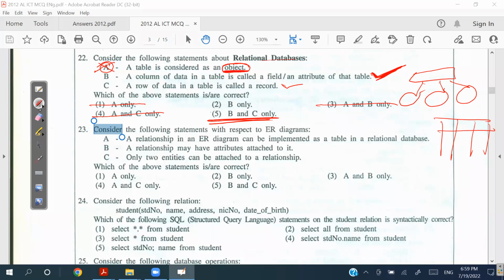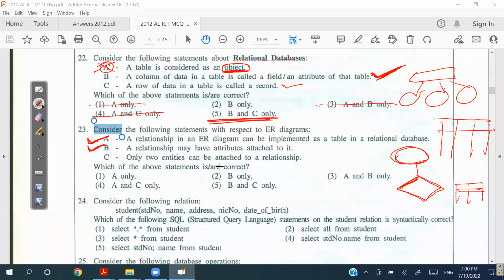The third table actually depends on the relationship. Any descriptive attributes on the relationship, we put them in the third table we create. Right, so this is somewhat okay. A relationship may have attributes attached to it. Yeah, descriptive attributes. That is also correct.